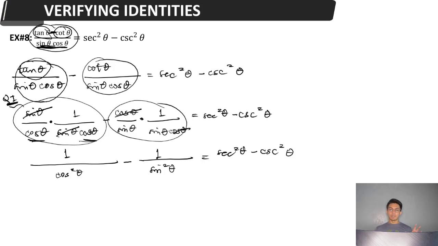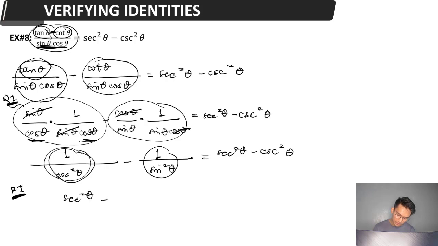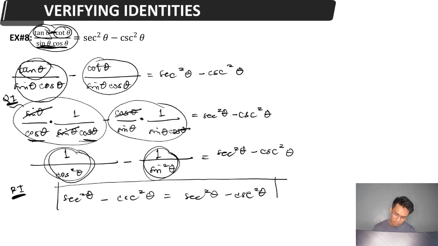So, hindi pa match yung magkabilang side of the equation. And, by fundamental identity ulit, itong part na ito, i-convert natin using reciprocal identity. By reciprocal identity natin, this is equal to secant squared theta minus, ito naman equal sa cosecant squared theta. And this is secant squared theta minus cosecant squared theta. This is the solution for example number 8.